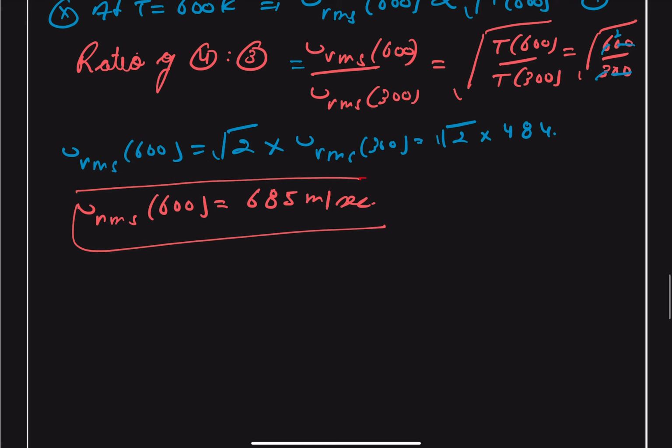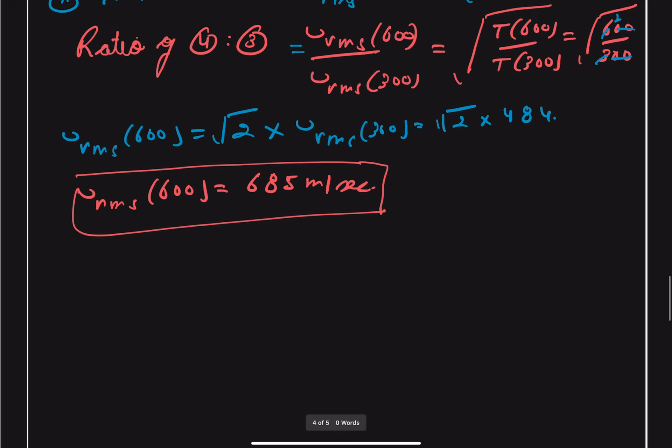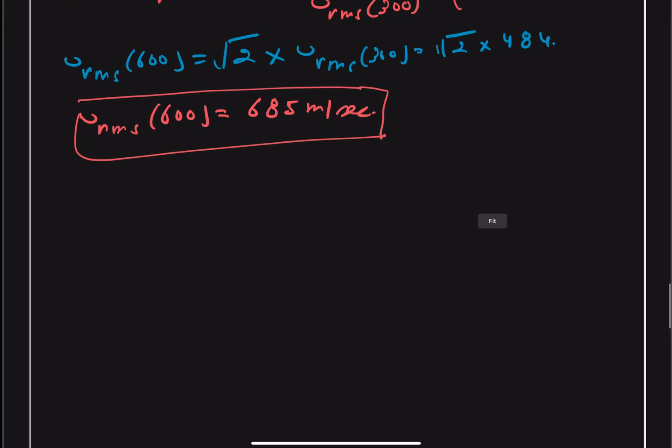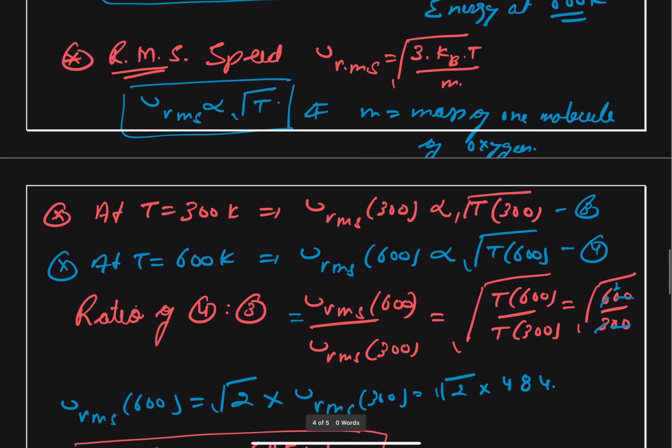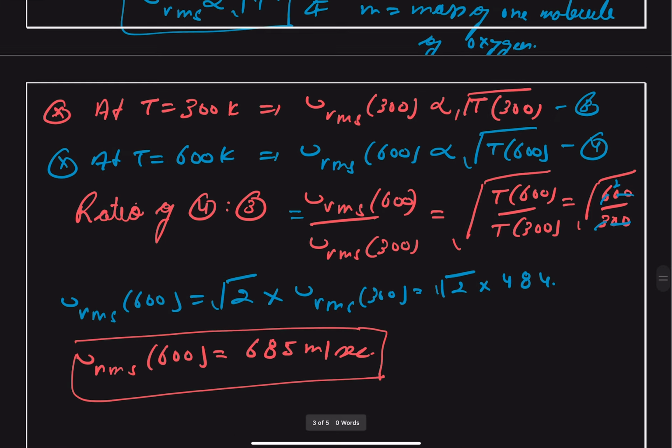So we found out both things, the velocity RMS at the new temperature as well as the energy at 600.